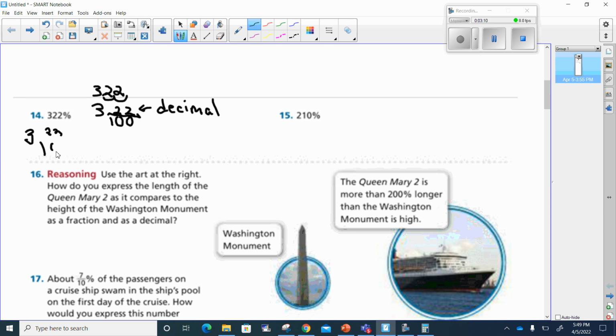We're dividing both my numerator and my denominator by a factor of 1 in the form of 2 over 2, because 2 divided by 2 is 1. This will give me 11 over 50, which means my final answer for fraction form will be 3 and 11 over 50.